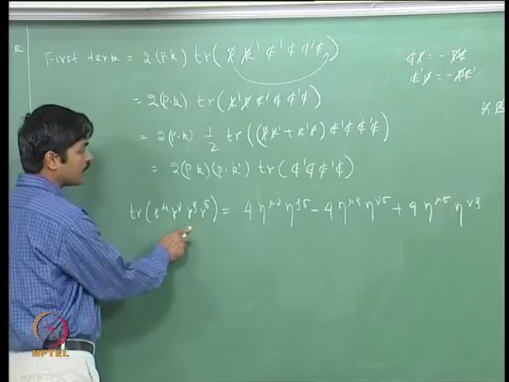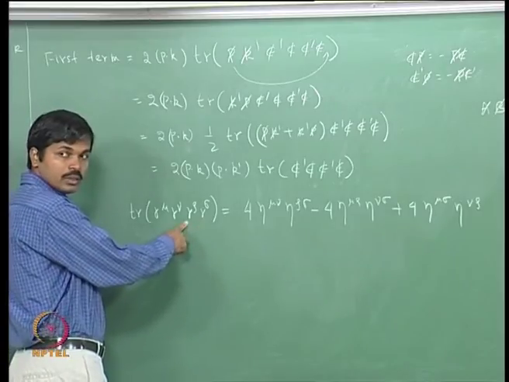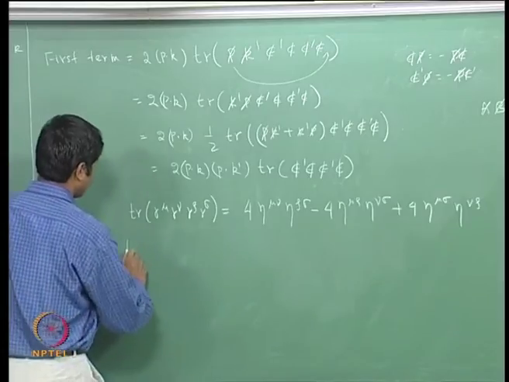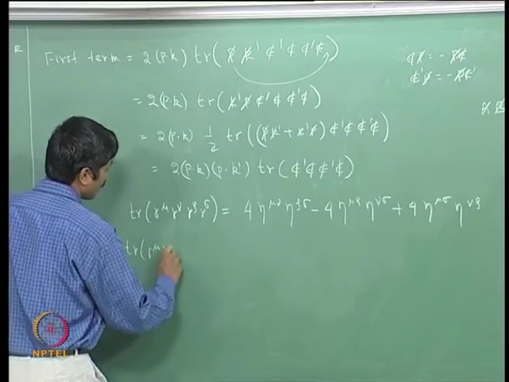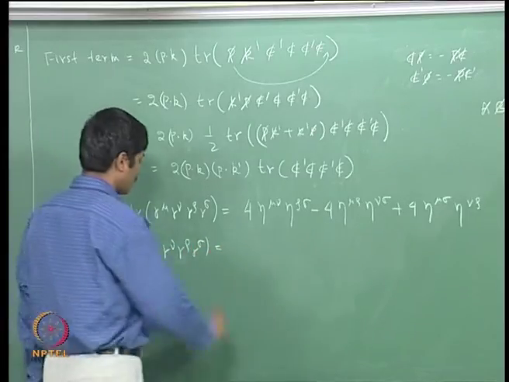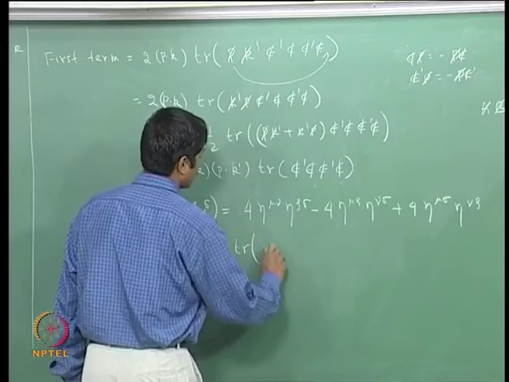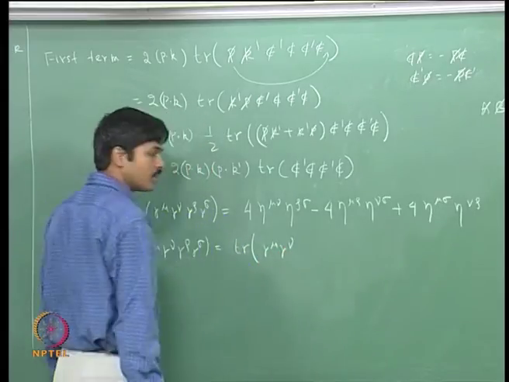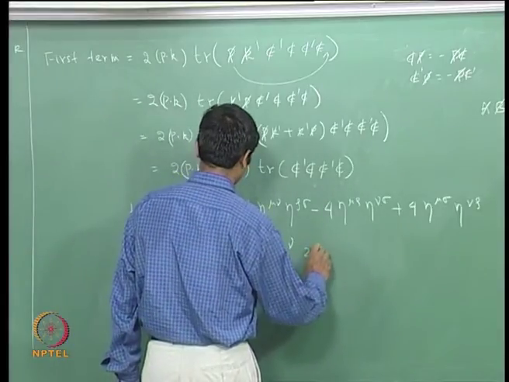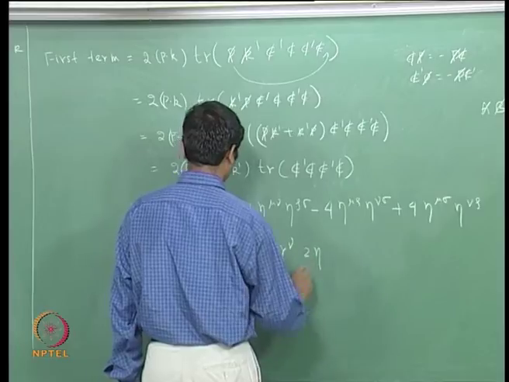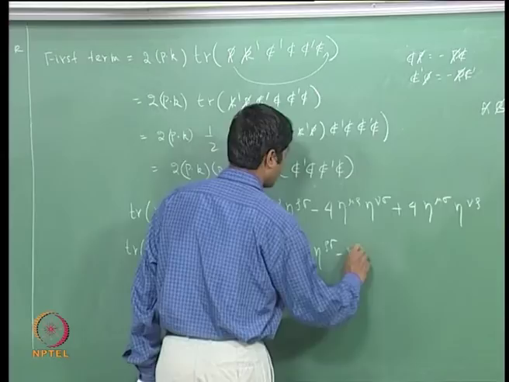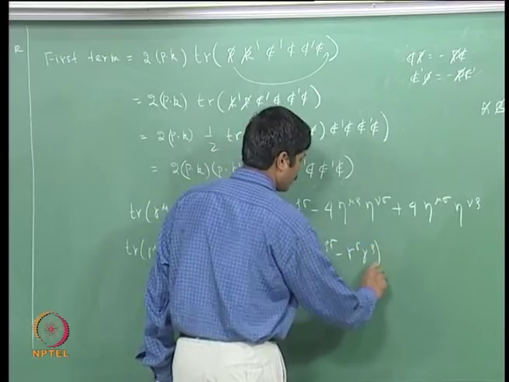You just have to pull this gamma sigma here 3 times and then use the cyclic property of trace. So, let us just see that trace of gamma mu, gamma nu, gamma rho, gamma sigma is equal to trace gamma mu, gamma nu times twice eta rho sigma minus gamma sigma gamma rho.